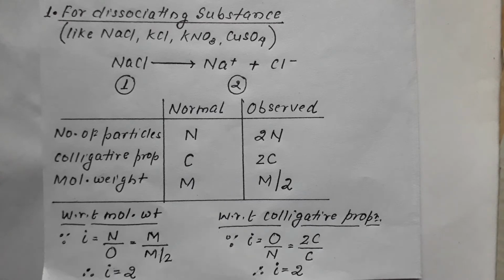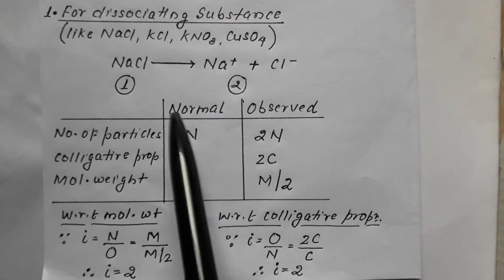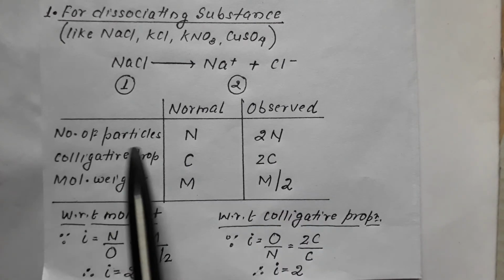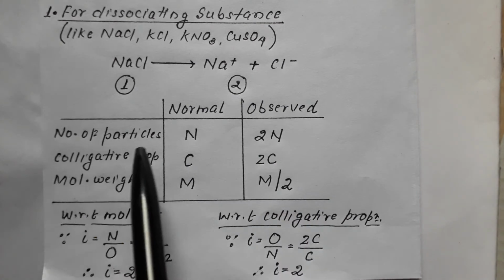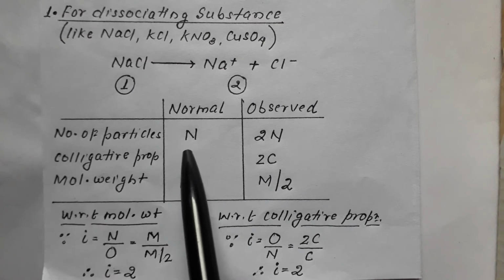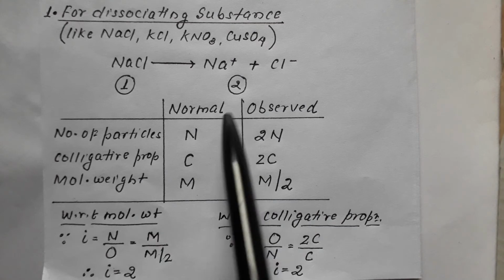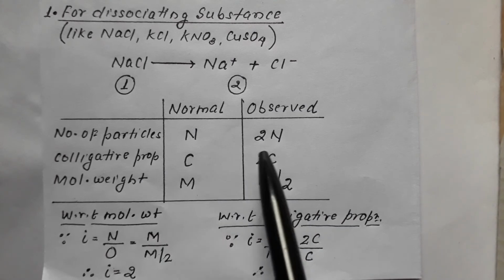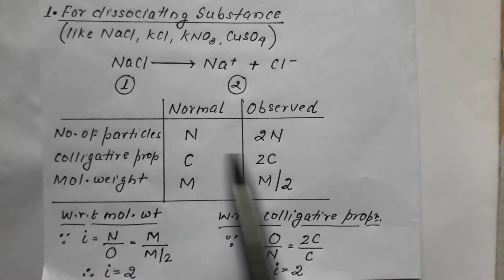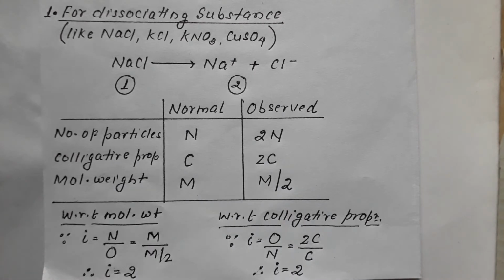Now let us consider what should be the normal property and what is the observed. Suppose we discuss the number of particles. If the number of particles in the system should be n, since 1 converts into 2, the total number of particles becomes 2n. If the number of particles becomes double, then for sure the colligative property will become double.